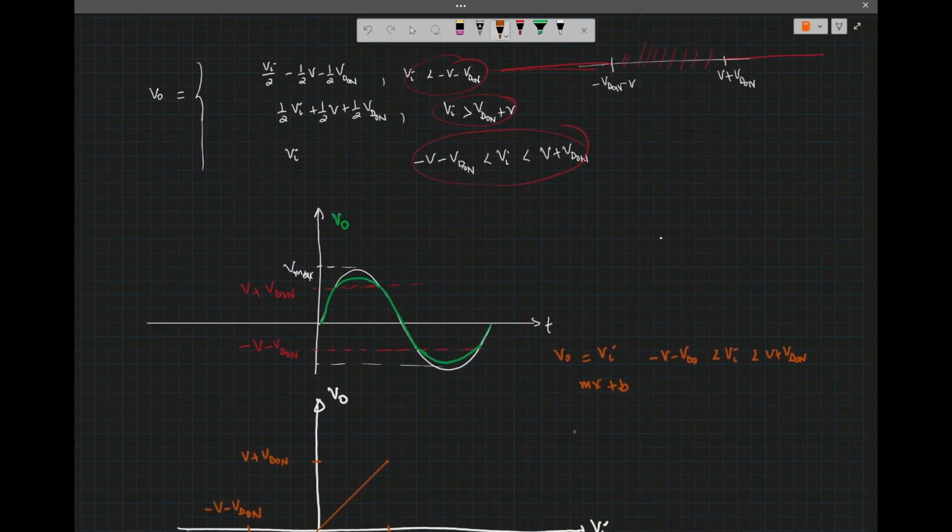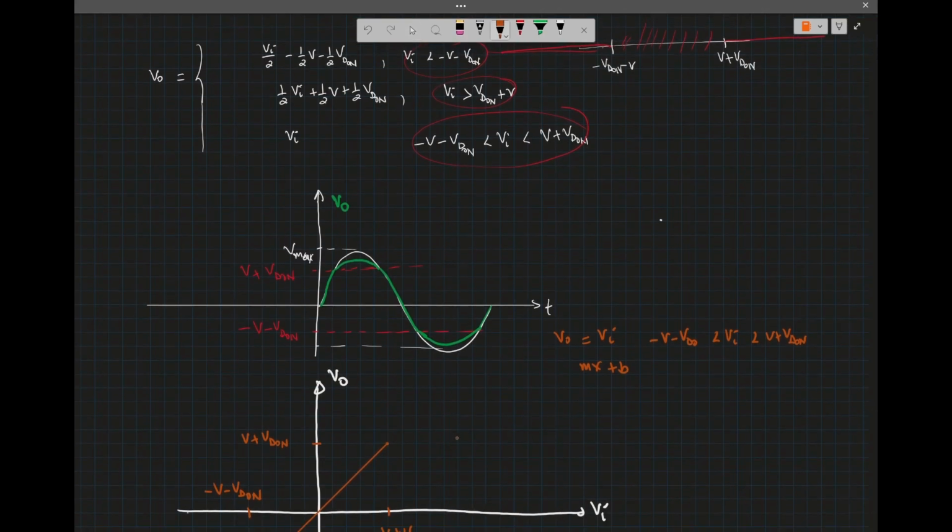So we have half VI plus half V plus half VD on. It's mx plus b, so m equal to half.